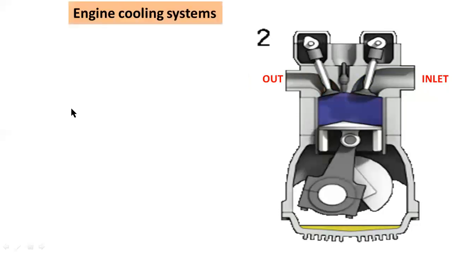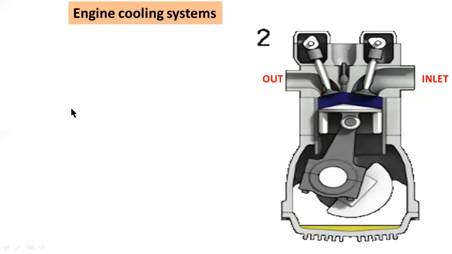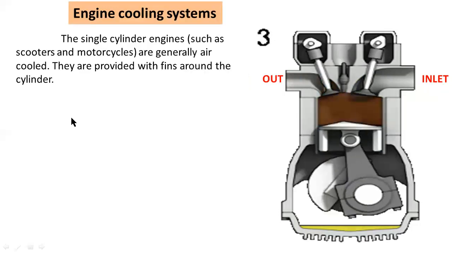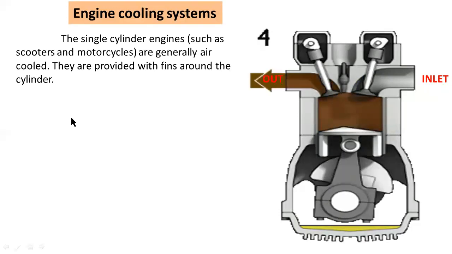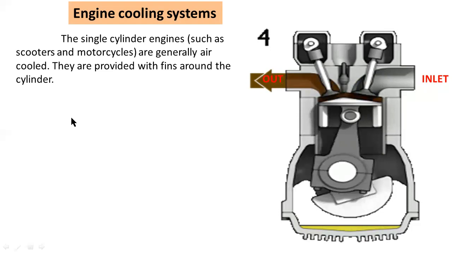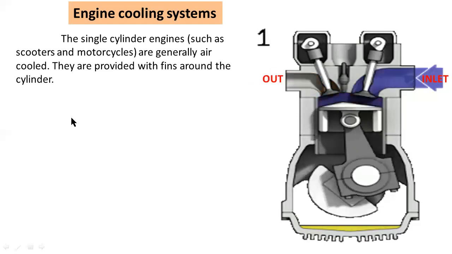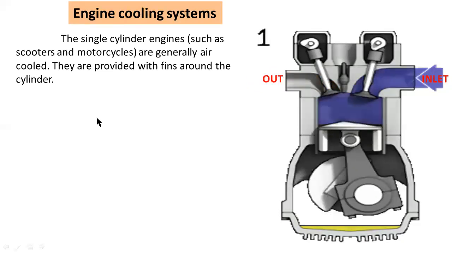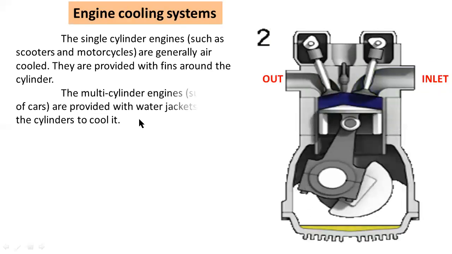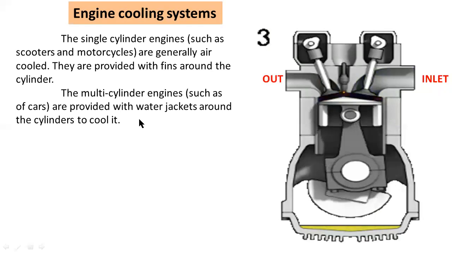Engine cooling. Here I am going to explain about engine cooling systems. Single cylinder engines such as scooters and motorcycles are generally air cooled. They are provided with fins around the cylinder. I will show some examples in the next slide.